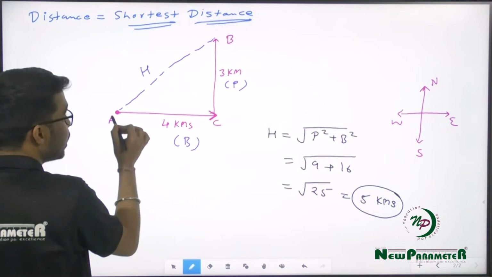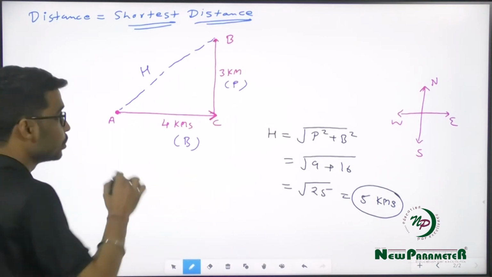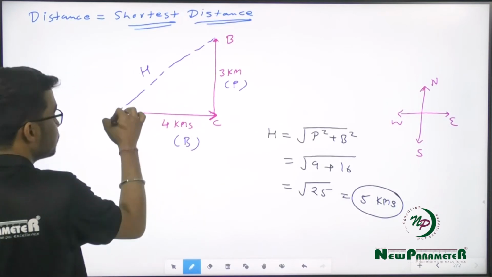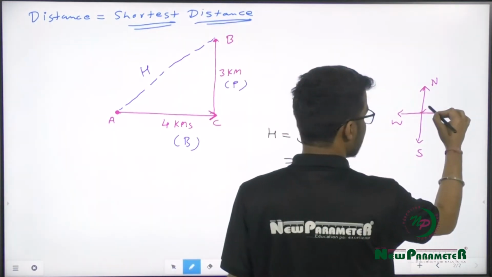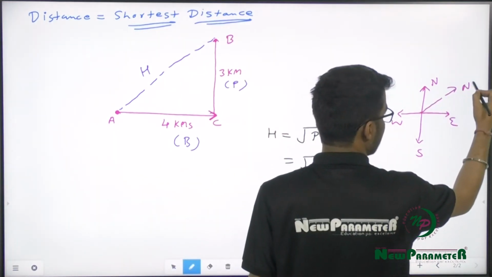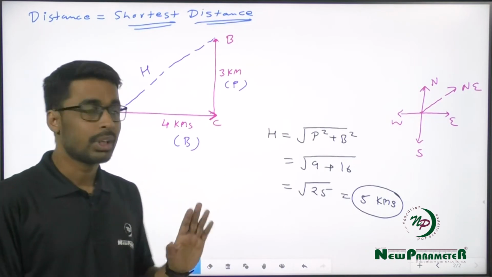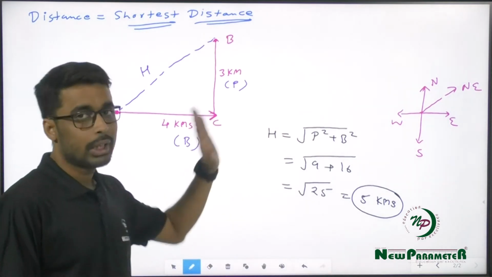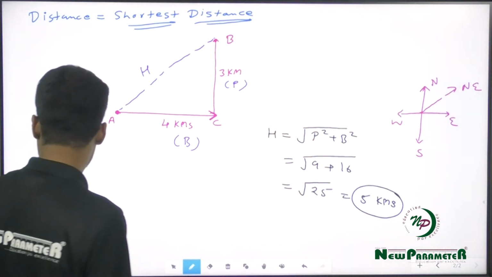From this starting point A, right now the person is standing somewhere over here. So this particular direction is between north and east. So the direction that was between north and east was northeast direction. So the answer would be northeast when the examiner asks you from starting point in which direction is the person standing. So I hope the concepts are clear to you.